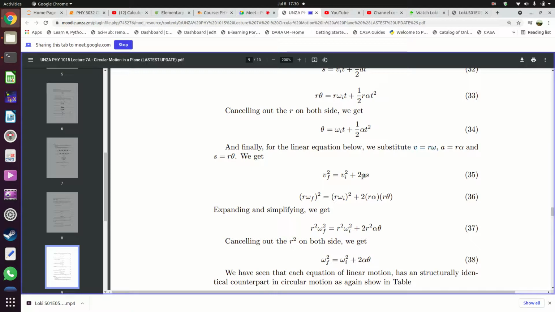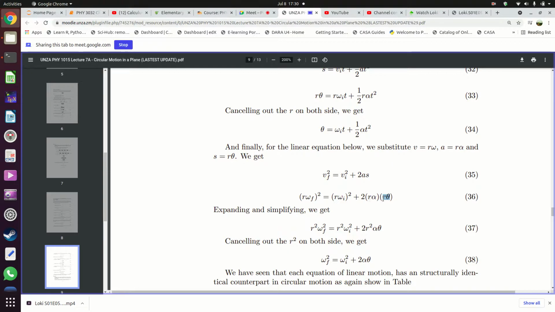Then acceleration A is r alpha. Then s is r theta. So when you substitute there, you're going to have r omega f squared equals, here Vi, r omega I squared plus 2. Then in place of A, we put r alpha. Then in place of S, we put r theta.